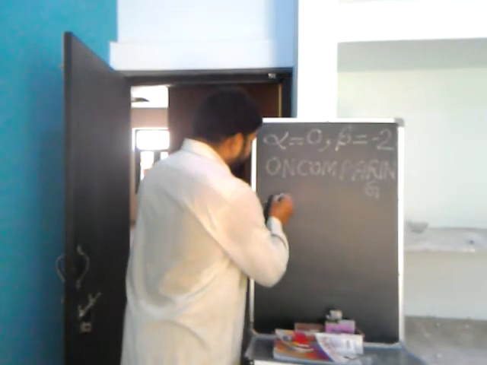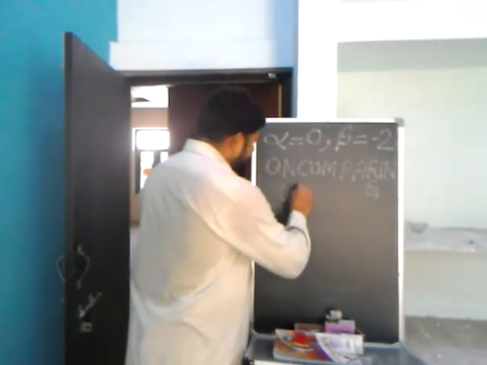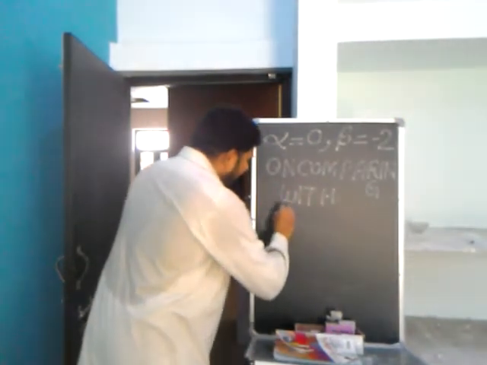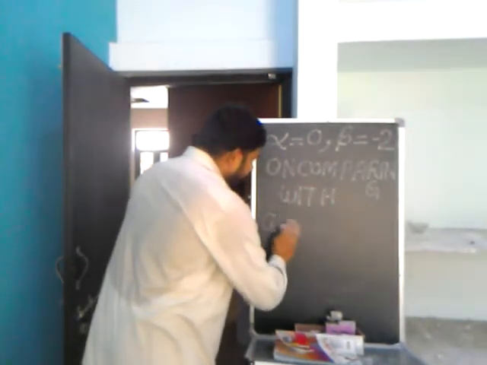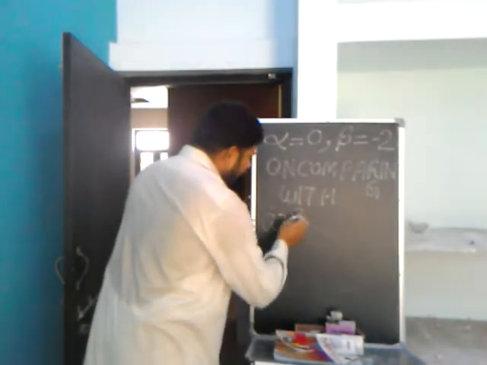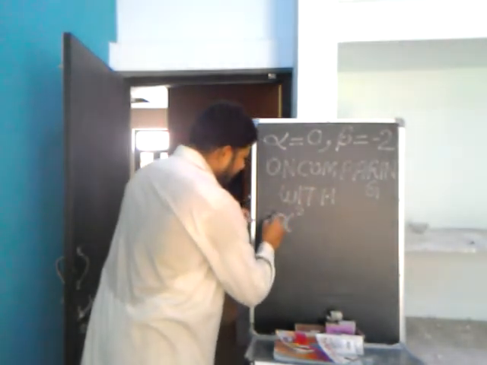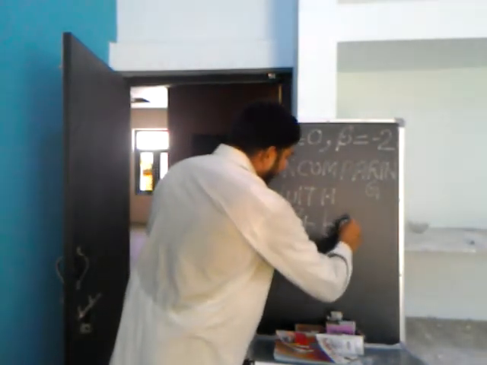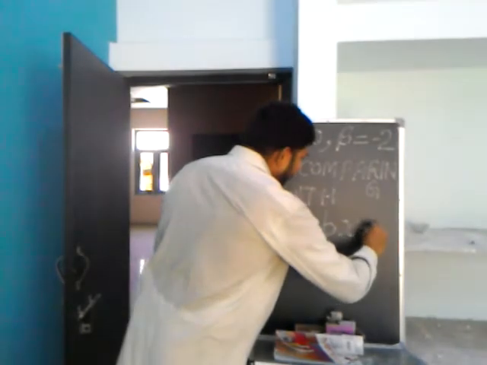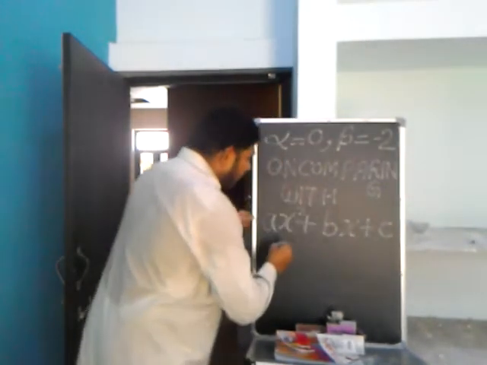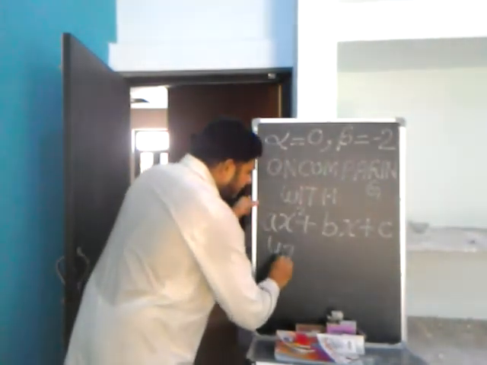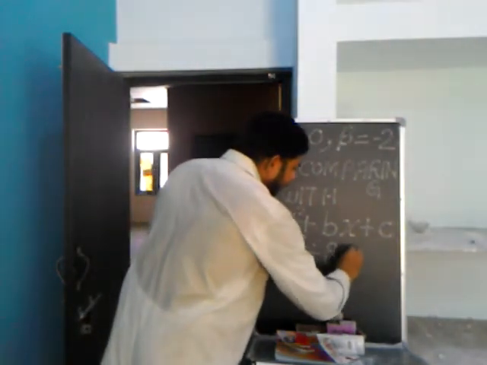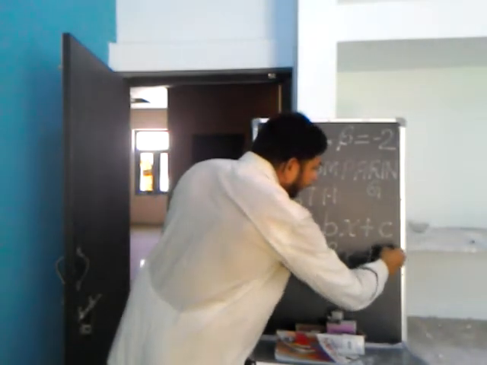Now comparing with ax square plus bx plus c. If you remember, I have said that if there is no term, we will say that it is 0.